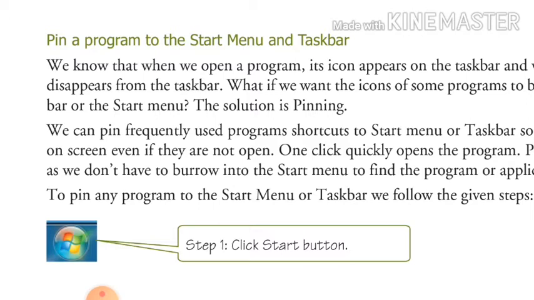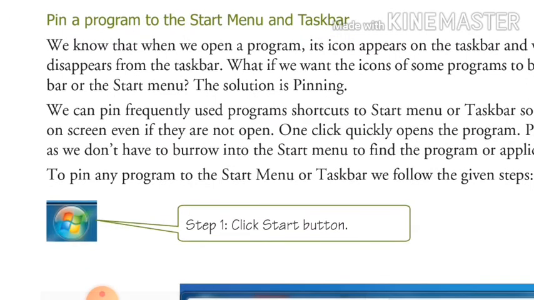The start button is located on the taskbar. The taskbar shows all the running programs, running folders, running files. Any task that is running on the operating system on the computer will be shown on the taskbar.